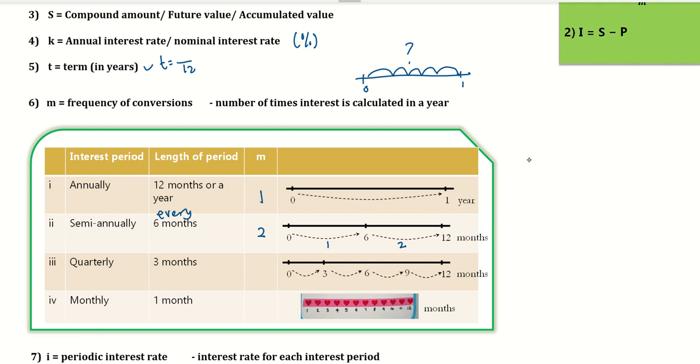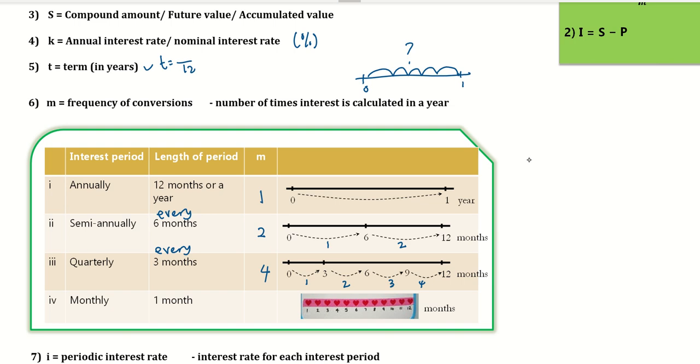If the interest is compounded quarterly, it means the interest is calculated every 3 months, so 4 times a year. So M is equal to 4. And then compounded monthly means compounded every month.